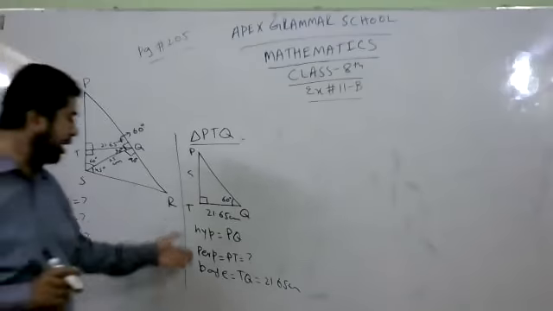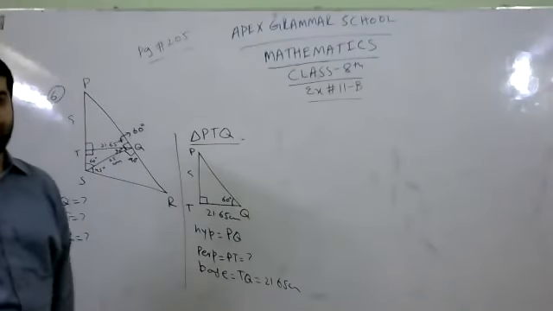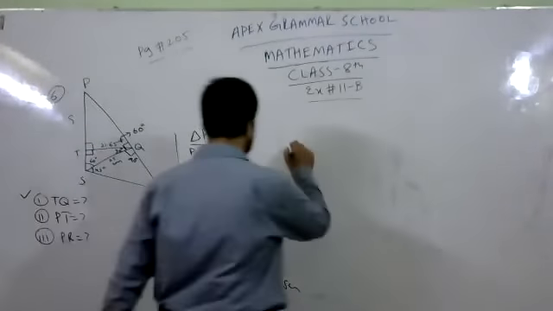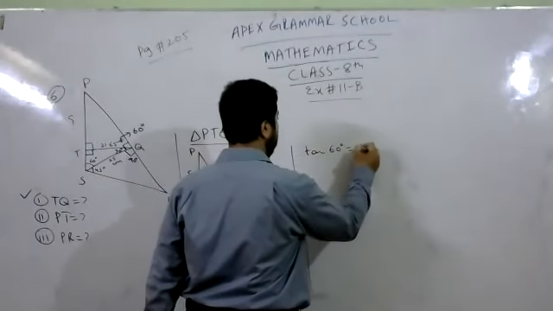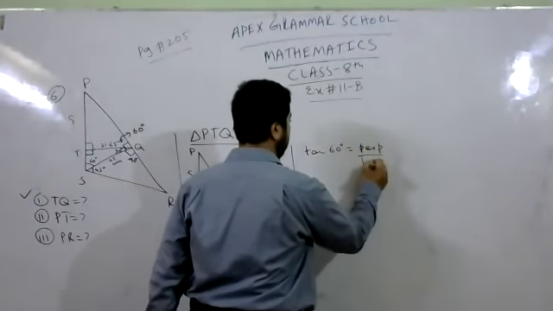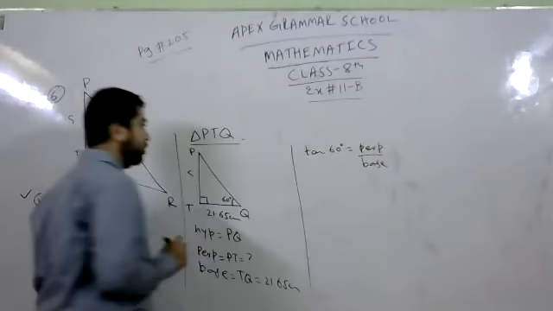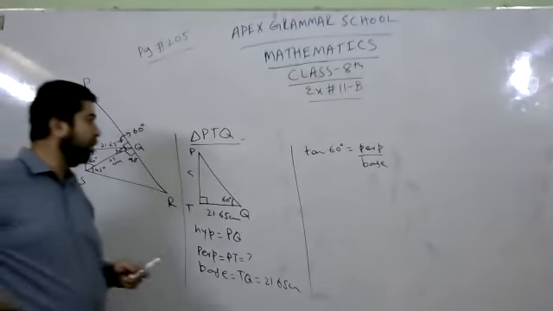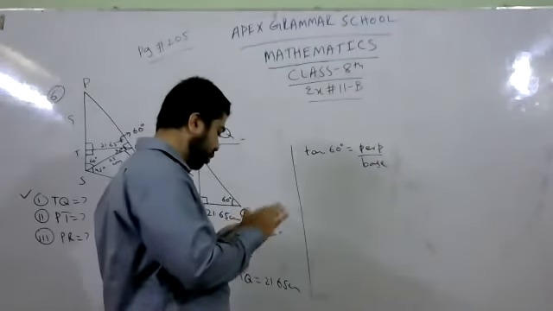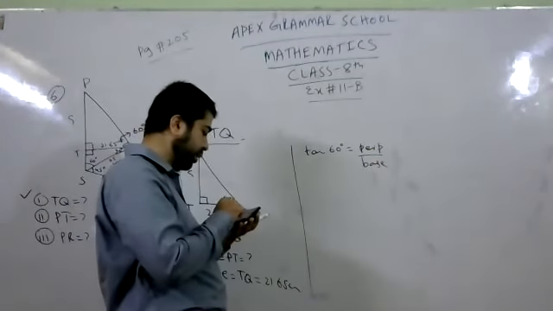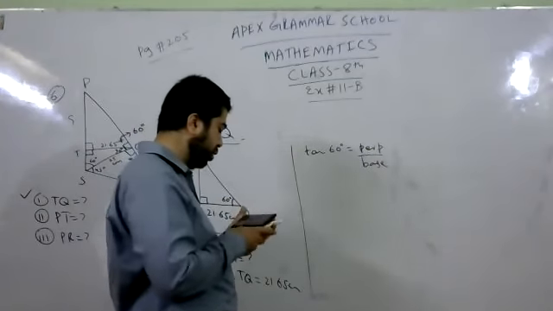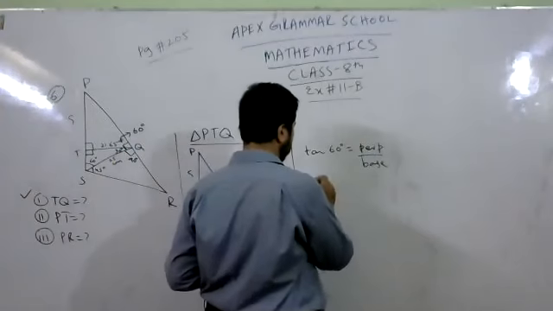So perpendicular and base make the trigonometric ratio tan. So use tan 60 is equal to perpendicular over base. Tan 60, calculate it on your calculator. Tan 60 is equal to 1.732.